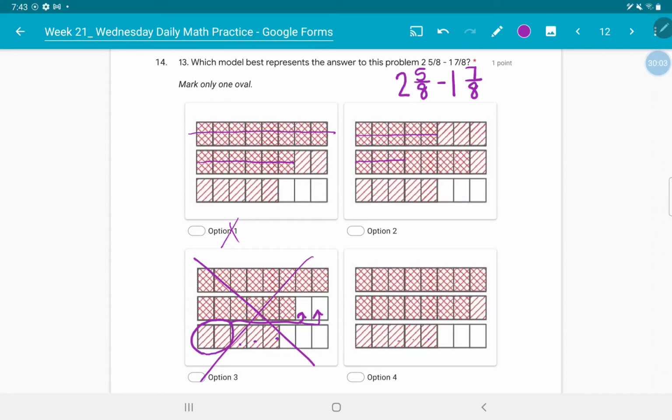So there's one whole. And 1, 2, 3, 4/8 more. That one's not correct. Option 4, I took away one whole. And 1, 2, 3, 4, 5, 6, 7, 8 size pieces. So option 4 is the correct answer.